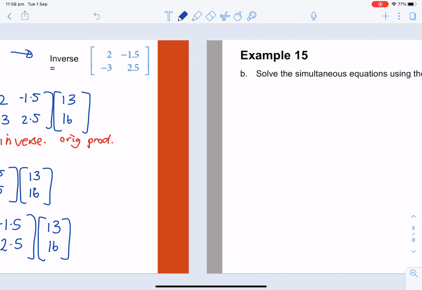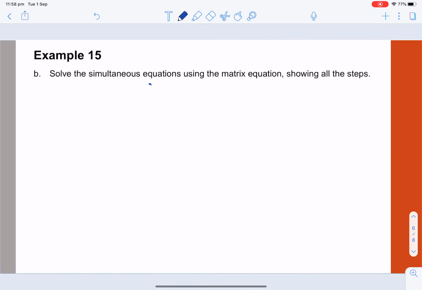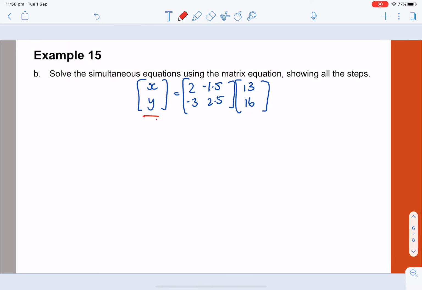I'm going to write it out again. Trying to keep my handwriting neat because I tend to get sloppy towards the end of the videos. So first of all, we need to find the product of the right side of the equation. So we want to keep these guys untouched.